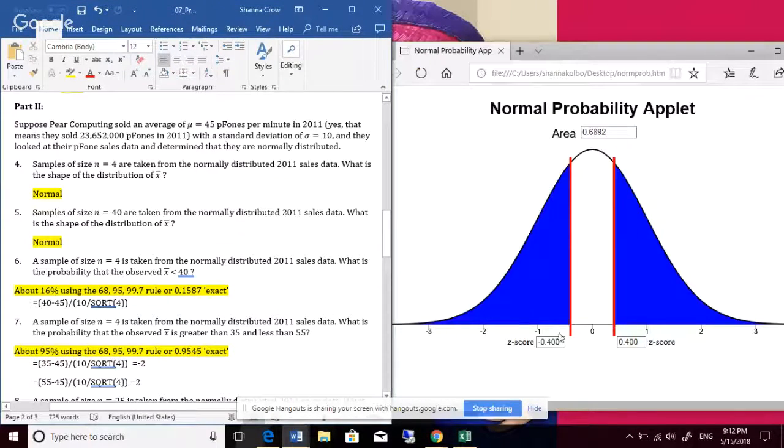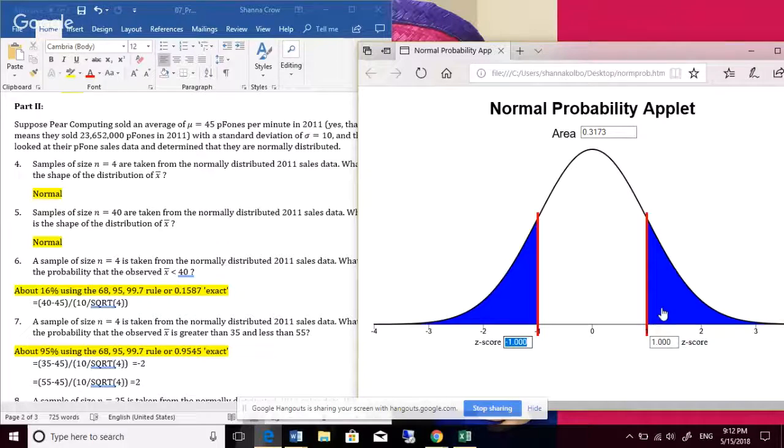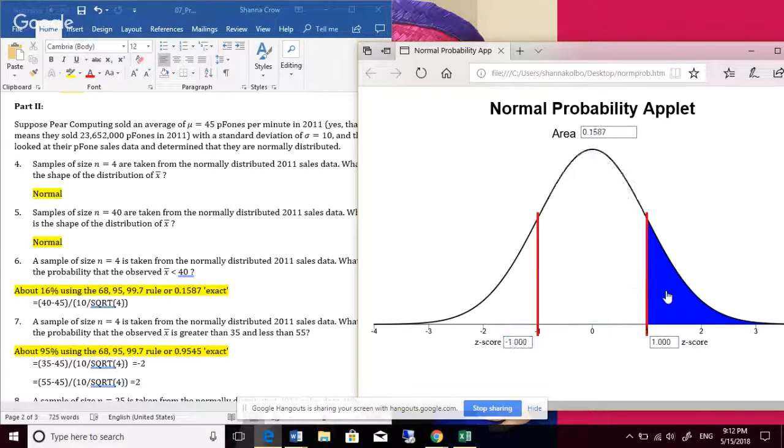And put in my z-score of a negative. Wait, it wants to know. So how do I know on this one where I shade? Because it's a negative 1, do I shade the left?